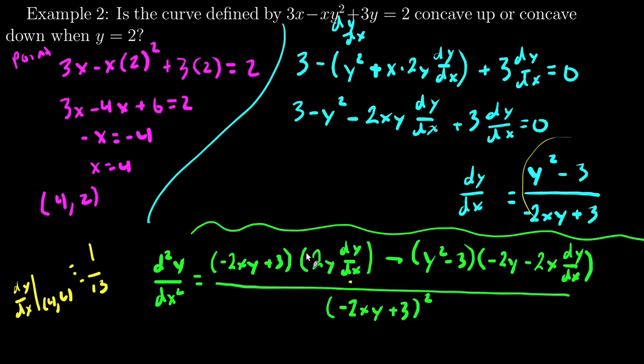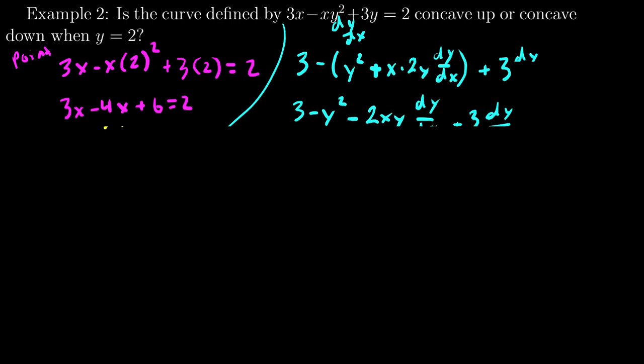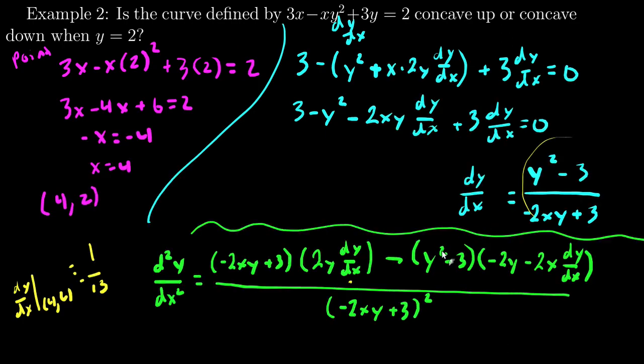So when I evaluate this, 2 times 2 times negative 1 over 13, well, 2 times 2 is 4. That would give me negative 4 over 13. I have the minus in the formula. So I put in the y here. So 2 squared is 4, minus 3 is 1.